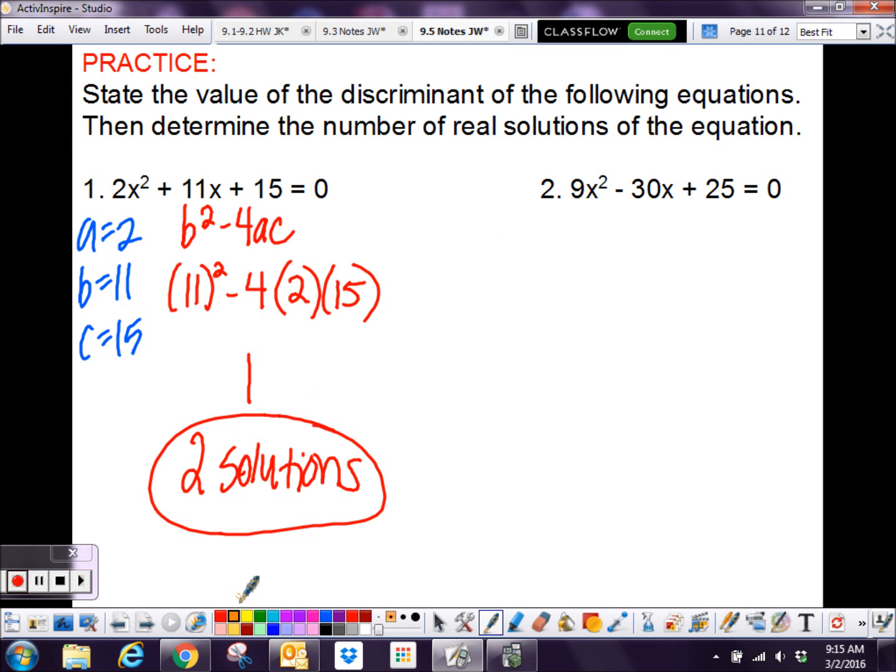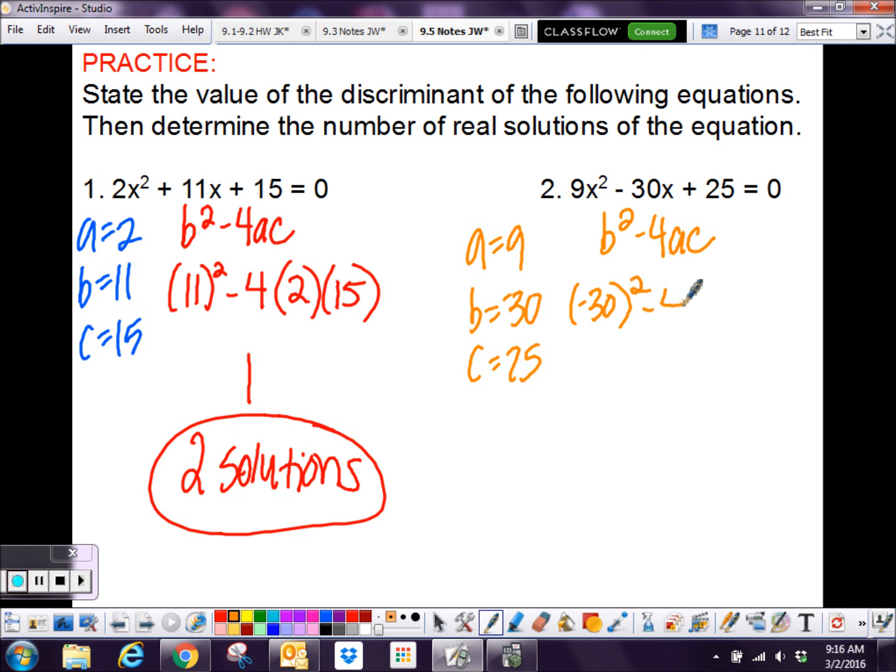Okay, this next one, my A is 9, B is negative 30, C is 25. Okay, so I have B squared minus 4AC. I'm going to plug all this in. So I have negative 30 squared minus 4 times 9 times 25.